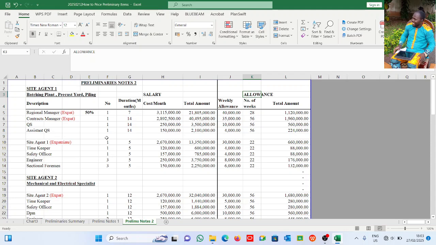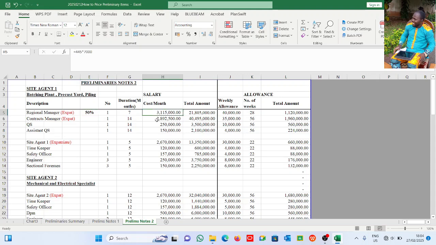He can be there for 3 months or 5 months or 6 months, as the case may be. Then he moves to another state to supervise another project, and again from there he moves to another place to supervise another project. That is why you see 50% here, right? 50% means he will not be staying throughout the 14 months. He might be staying there for maybe 7 months out of the 14. That is why it is 50%.